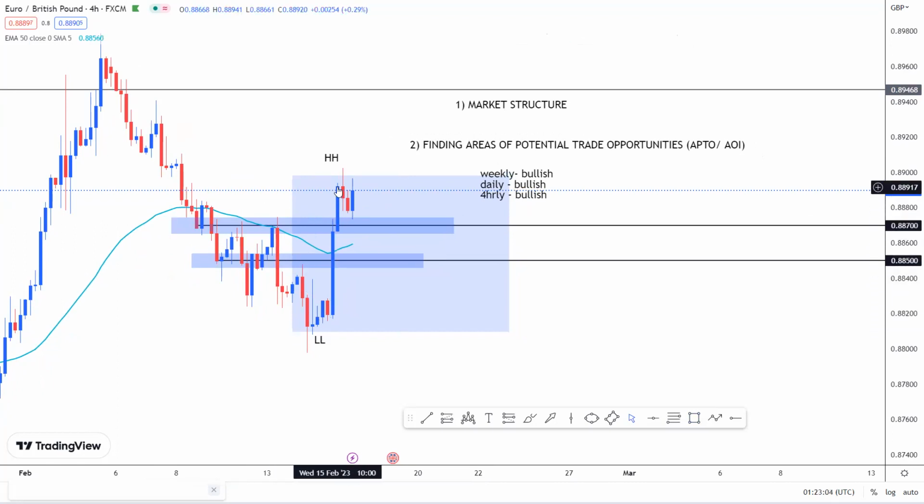And now we're very much above the level, so we're expecting at the retest of the level that it acts as a support also. So we have two areas of interest that we'd be very much looking for potential buying opportunities from.